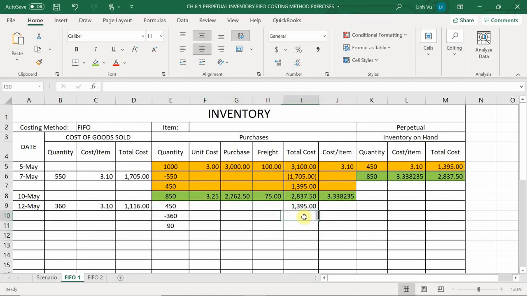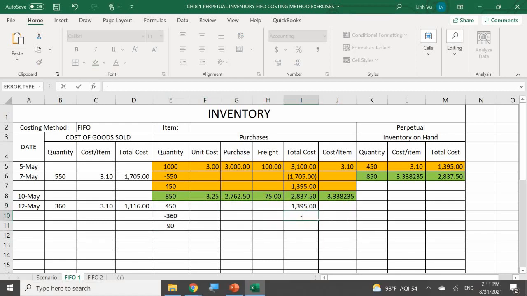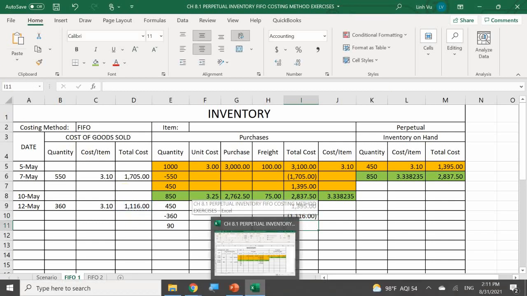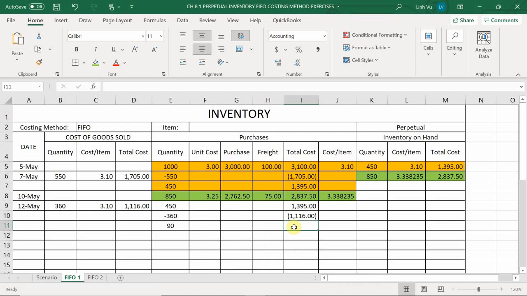Okay? And if I started out with $13.95 and I sold $11.16, how much should I have left remaining? $279.